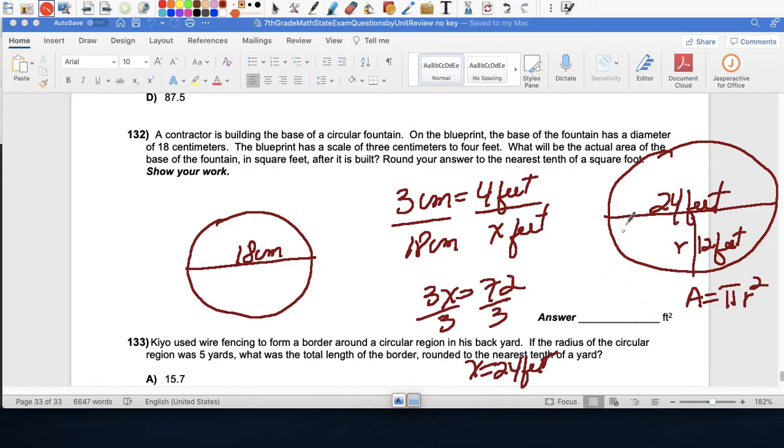Does it say leave in terms of pi? No, round to the nearest tenth. So area equals pi times 12 squared. In your calculator, you're going to do 12 to the second power, enter, and then times pi. There's a pi button.